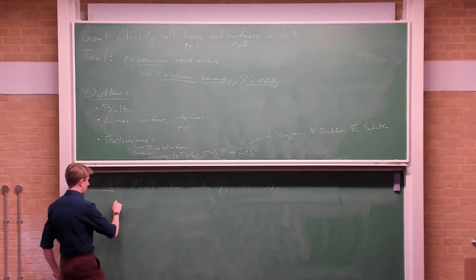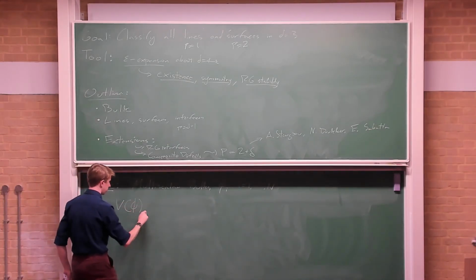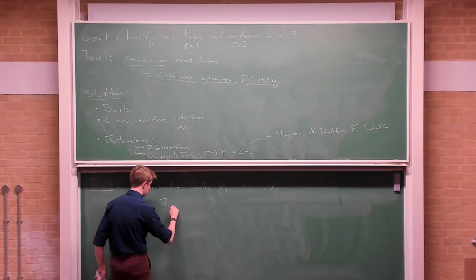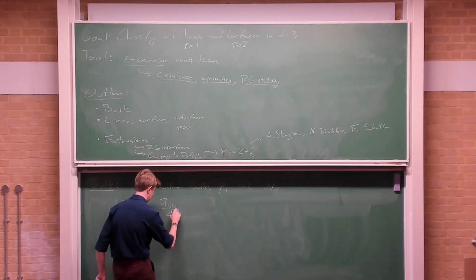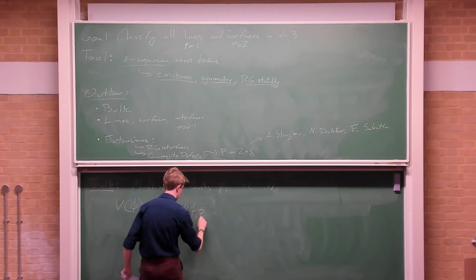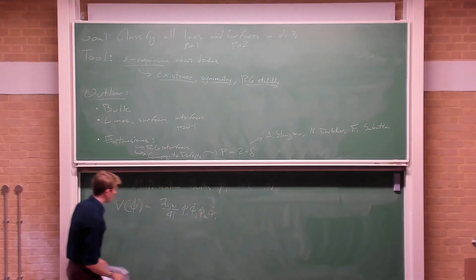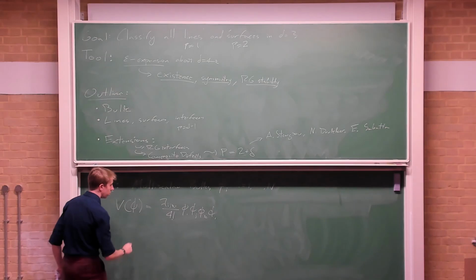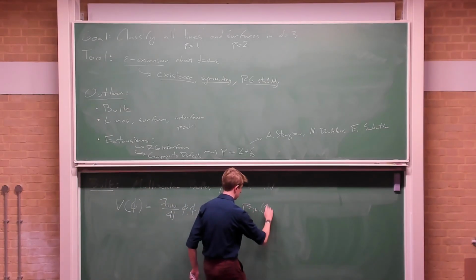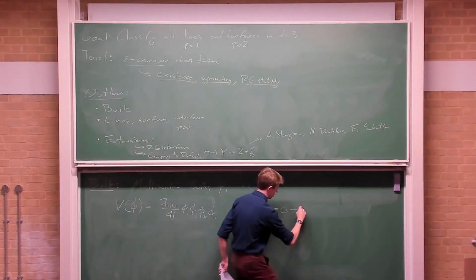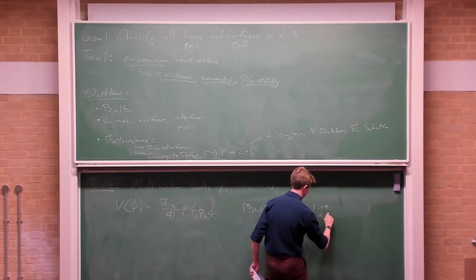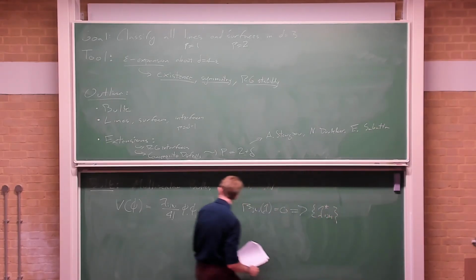And in order to be perturbative, the only sort of potential we can write down is some quartic potential, where this lambda will obey its own beta function and lie at a fixed point.